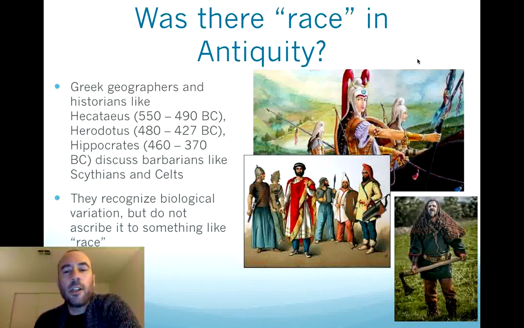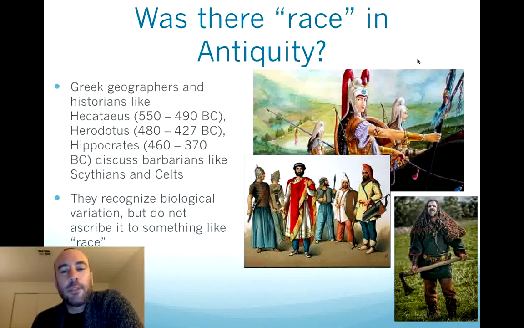So when they talked about barbarians, which is a Greek word that, as I hear it, comes from a sort of onomatopoeia of what it sounded like to Greeks when non-Greeks would speak, like bar bar bar bar bar bar bar, apparently that's where the word barbarian comes from.